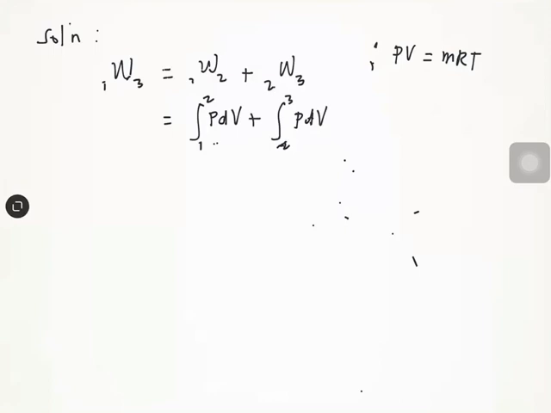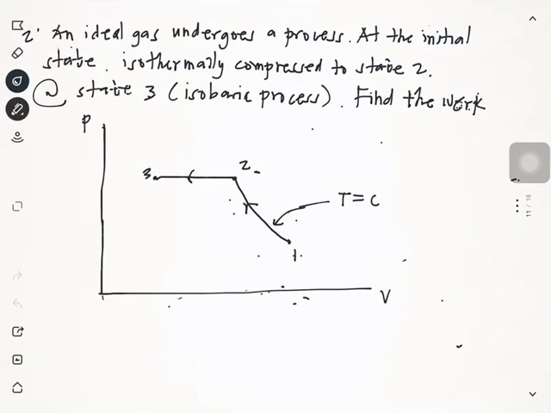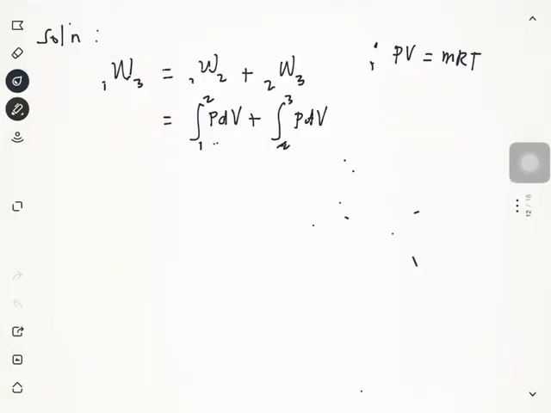Since we have the isothermal process from 1 to 2, the temperature is constant. Mass is constant, and R is constant.